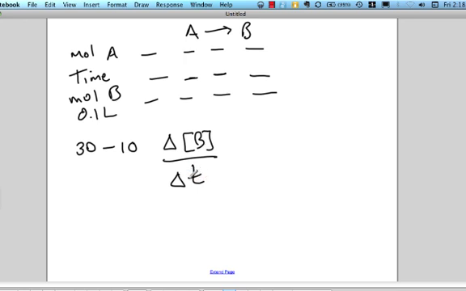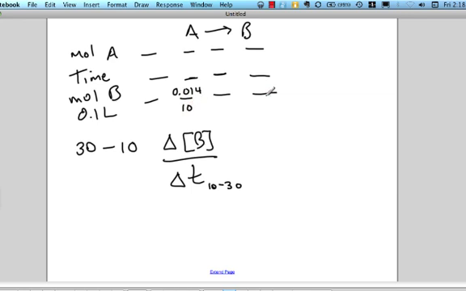So at time 10, your concentration that you would have figured out for B was 0.014, and at 30 it is 0.029 because you're building product.